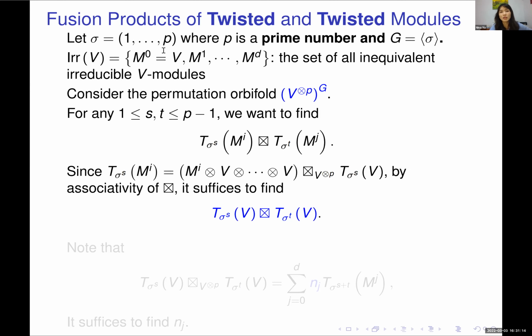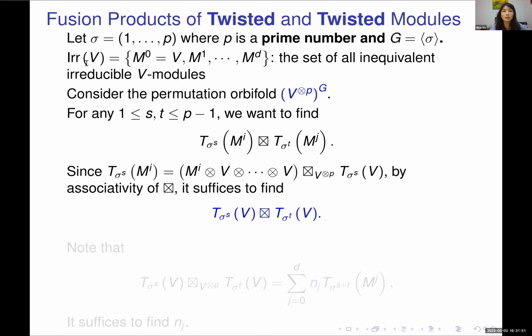The good thing about this p-cycle is that we are considering the group generated by it, where p is a prime number, so any element sigma to the i in this group is still a p-cycle. If p is not a prime number, then sigma to the i might be written as a product of disjoint cycles, which can make the calculation more complicated. So far we only have this result.